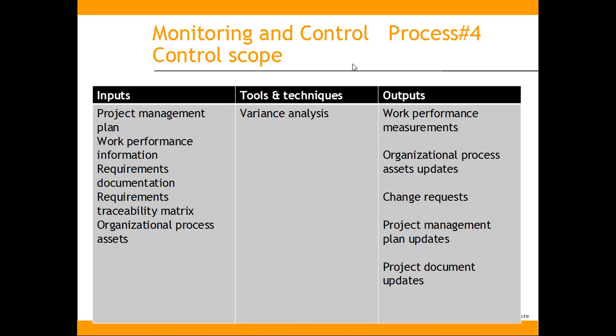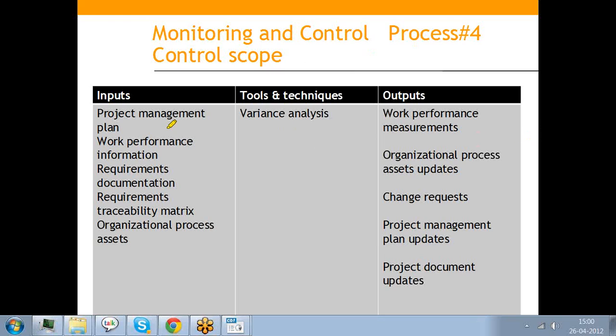Then comes process number 4 under monitoring and controlling, which is again control scope. On the input side, we have the project management plan, work performance information, requirements documentation, requirements traceability metrics, which we already discussed, and organizational process assets, if any.